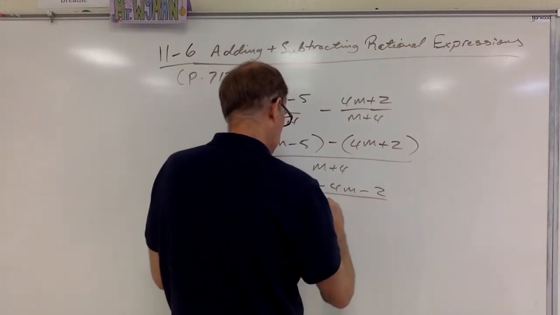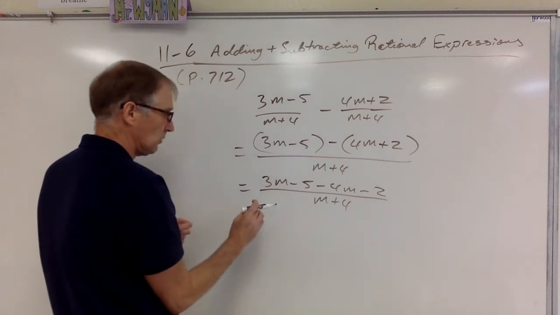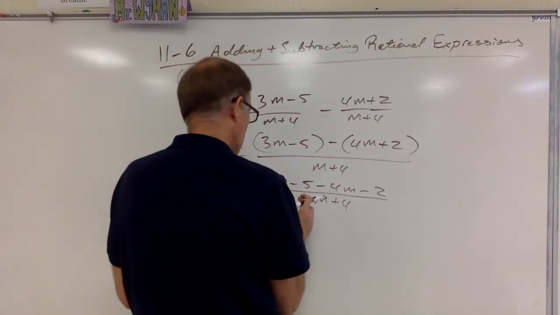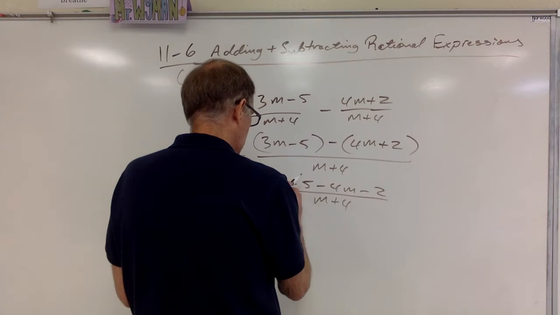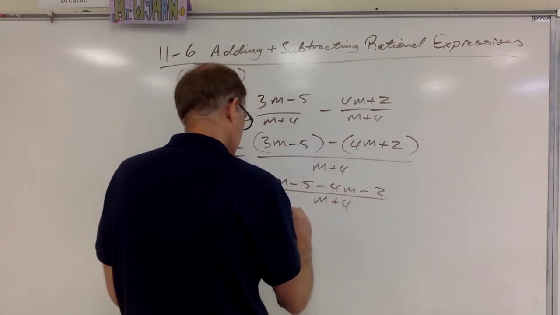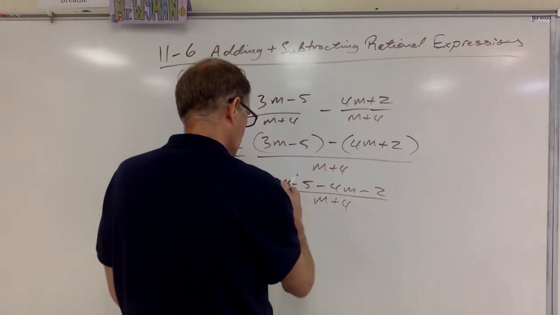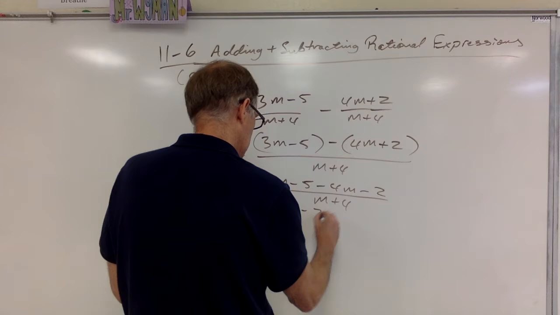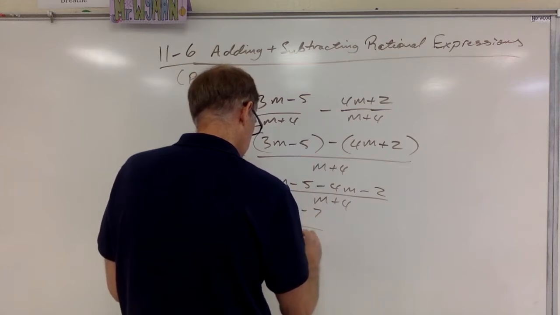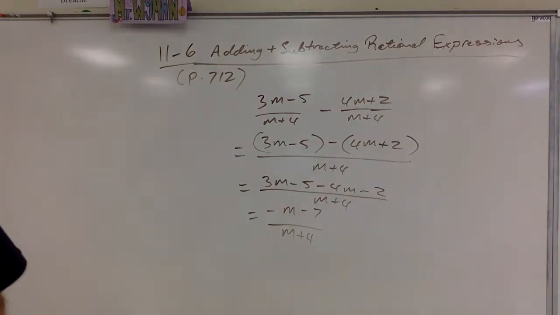All divided by m plus 4. Let's see, combine any like terms. So 3 minus 4 is going to be negative m, minus 7, all over m plus 4. And we're done.